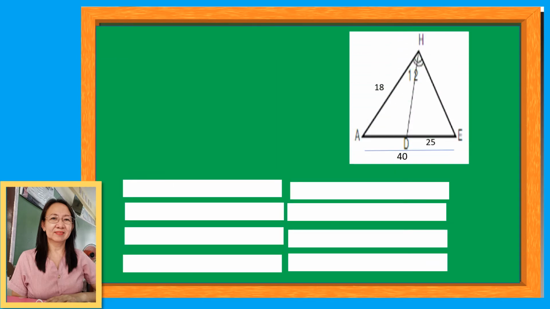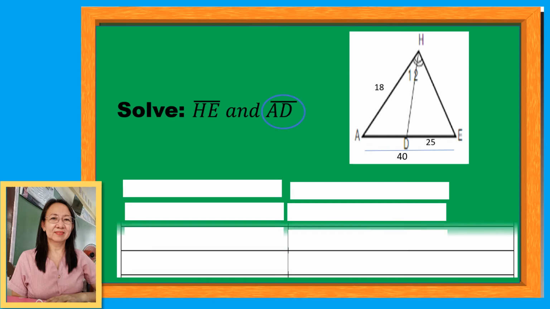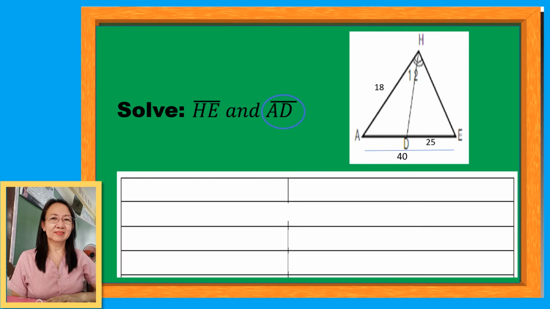Now let us have our solution to solve for HE and AD. And let us start with AD. By segment addition postulate, we can say that AD plus DE is equal to AE.